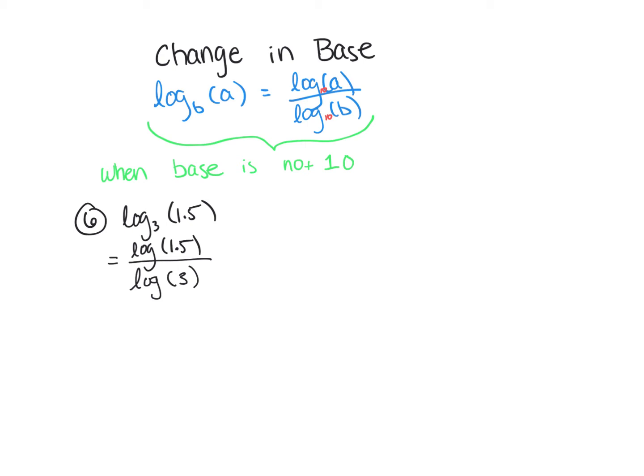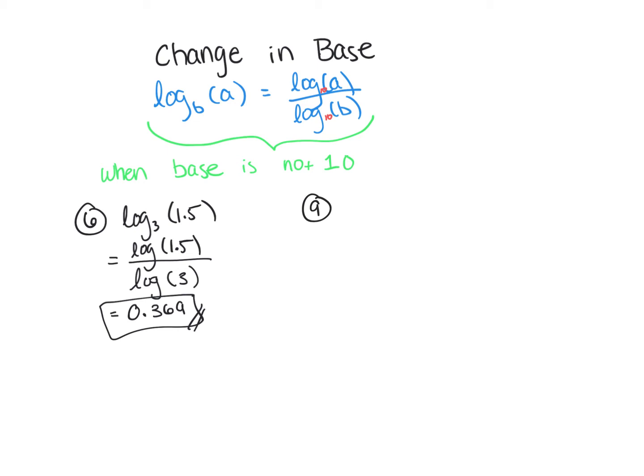Now these both are unspecified with their base, which means a base of 10. So when I plug this into my calculator, I'm going to get something super long and decimally. I'm going to round it to the third decimal place, and we get 0.369. And that's it. So let's try that once more.